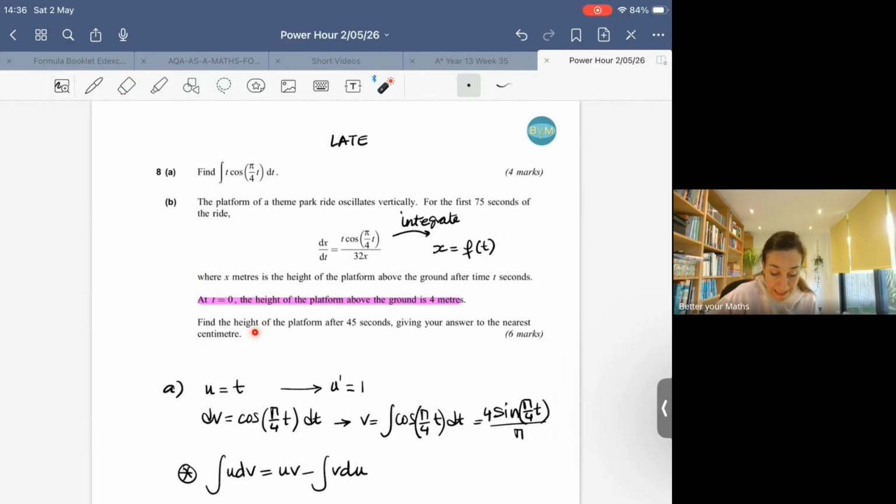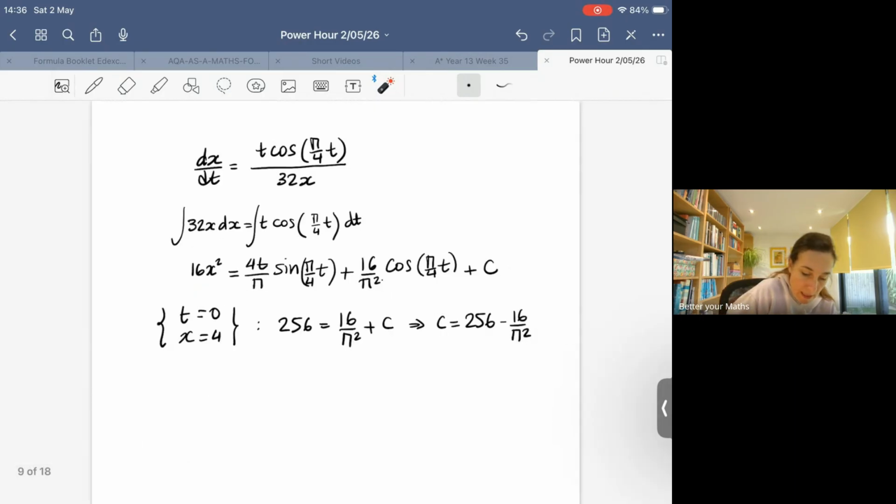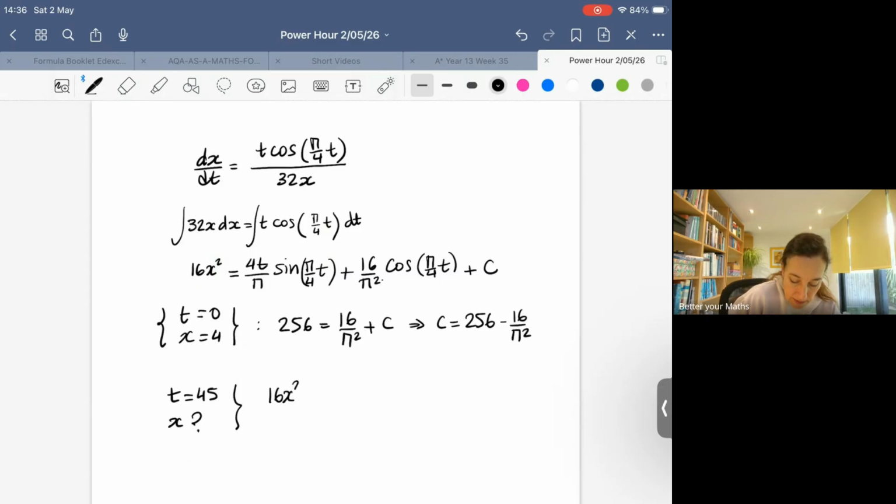So we need to find x when t is 45. And now we have all the information. What am I going to do? Substitute the 45 and then find x after. So I'm going to have 16x squared equals 2, and then we have to substitute everything here.